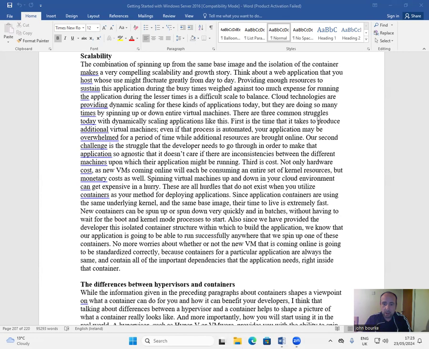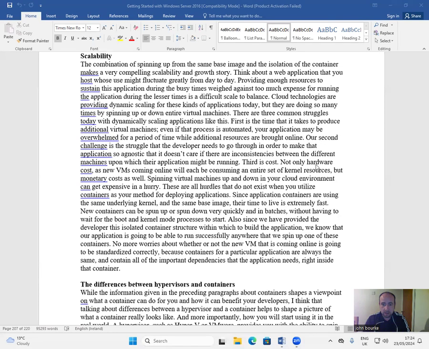There are three common struggles today with dynamically scaling applications like this. First, it is the time that it takes to produce additional virtual machines. Even if that process is automated, your application may be overwhelmed for a period of time while additional resources are brought online. Our second challenge is the struggle that the developer needs to go through in order to make that application so agnostic that it doesn't care if there are inconsistencies between the different machines upon which the application might be running.